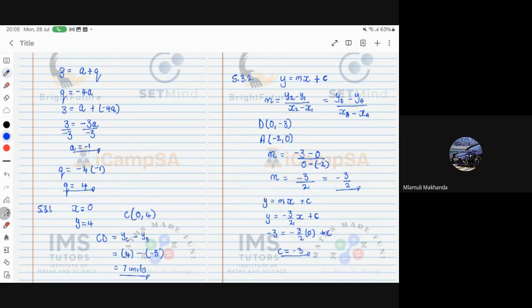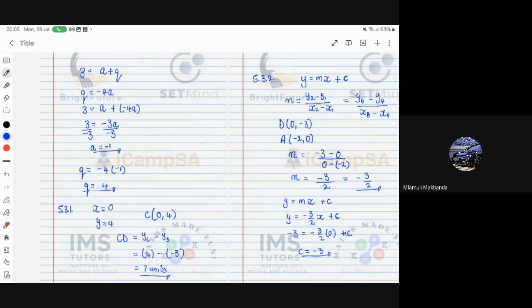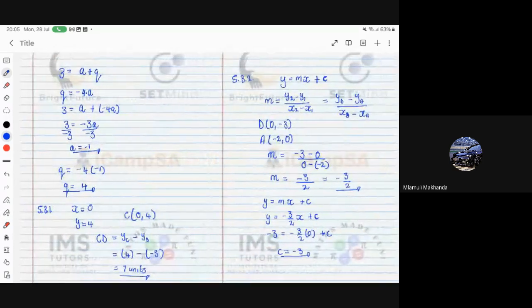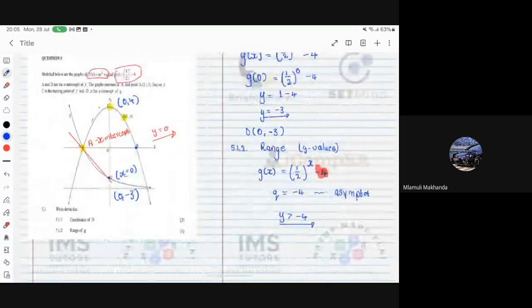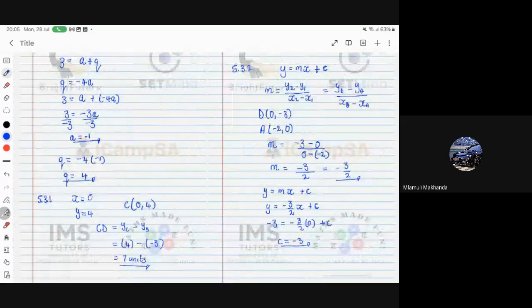We said c is the y-intercept, where our graph cuts the y-axis, whereby x is equal to 0. So it was basically the same thing, just using the coordinates. We could have also used the coordinates of A. We are going to find the same thing.